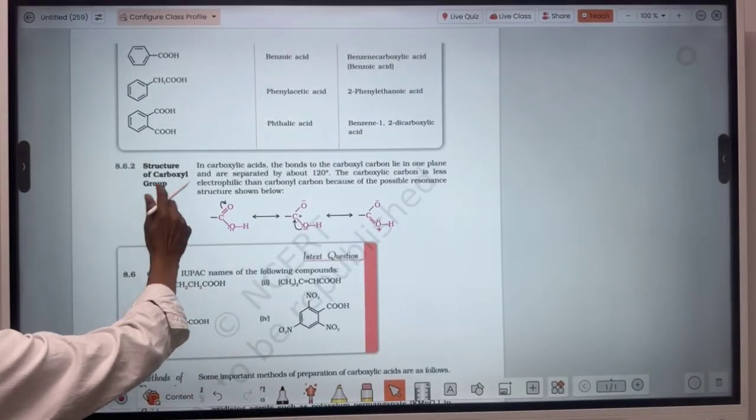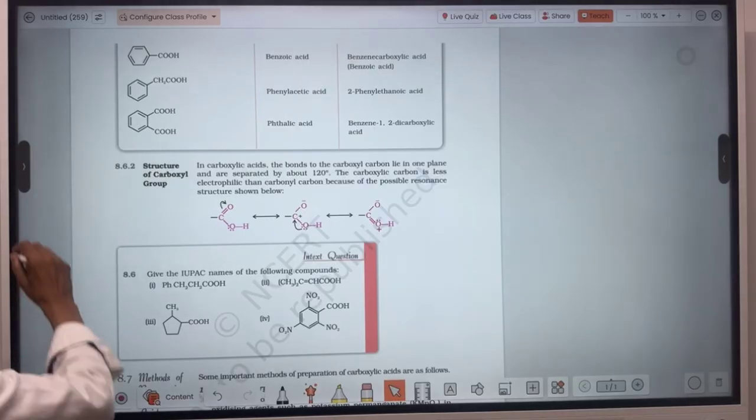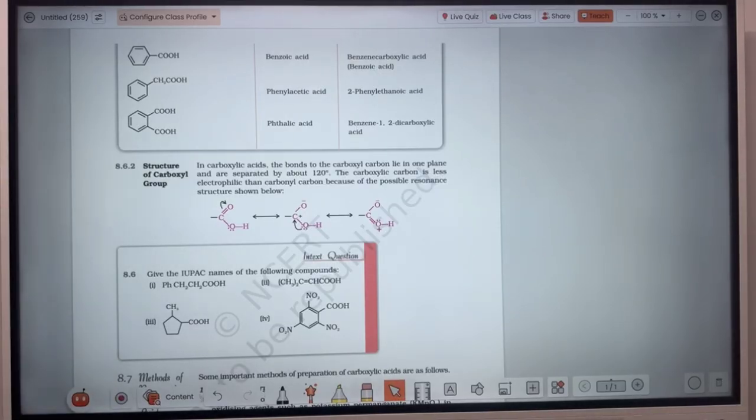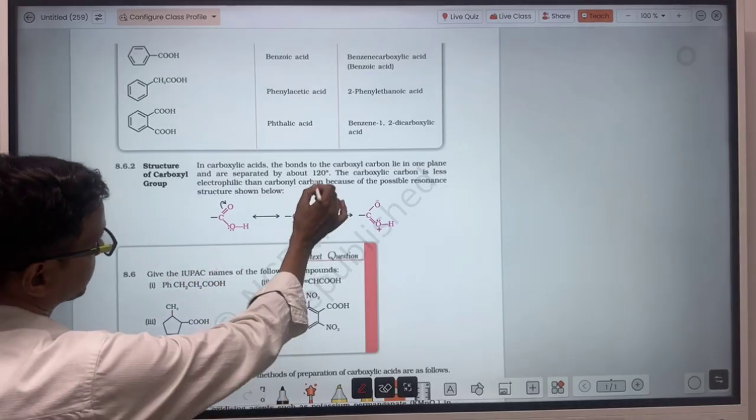About this one, the structure of the carboxylic group. Listen here.